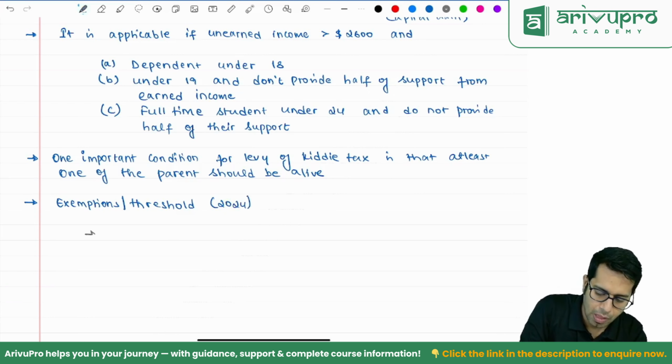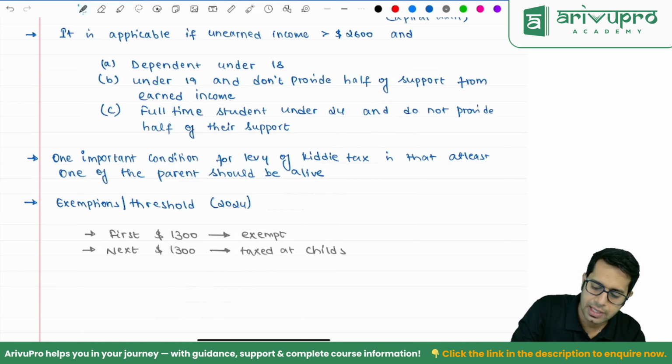Is taxed at what rate, sir? Is taxed at the child's rate.